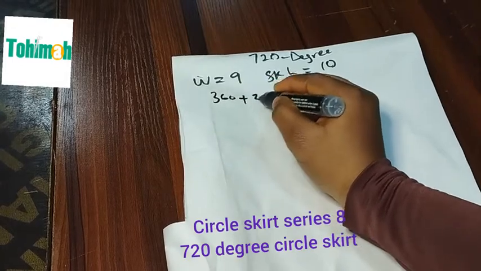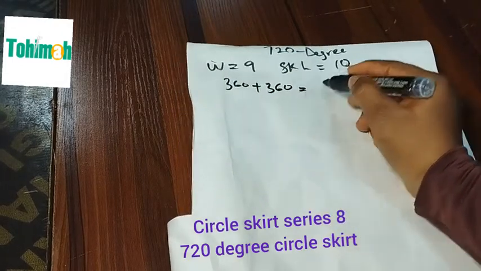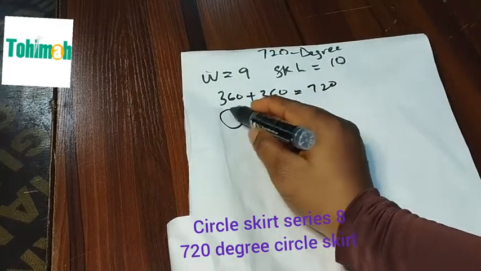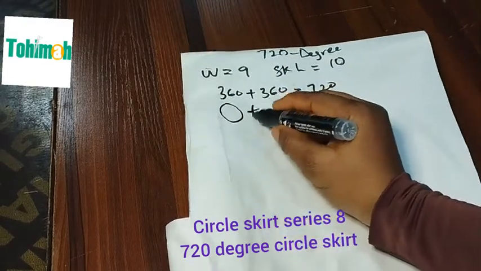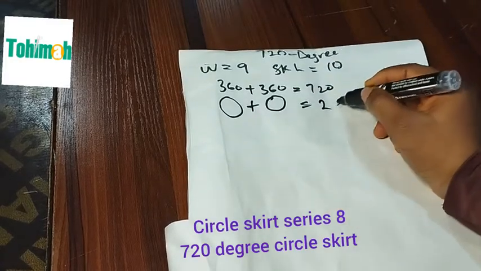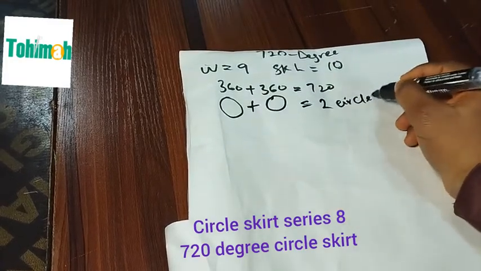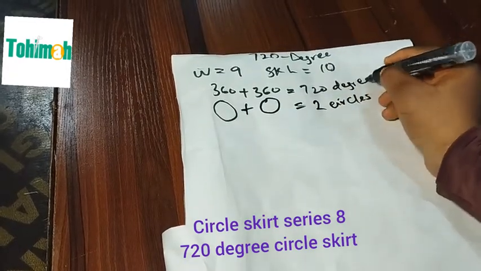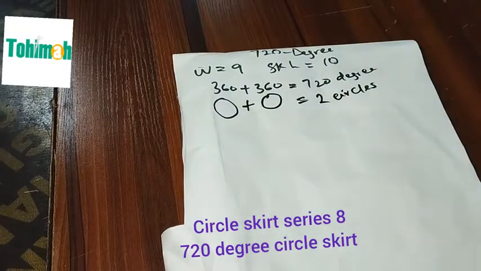You can use your calculator to do that. It's 720, right? And our 360 is a full circle, so a full circle plus a full circle is 2 circles. That is how 720 comes into play. We need to make 2 circles to get 720 degree, right?